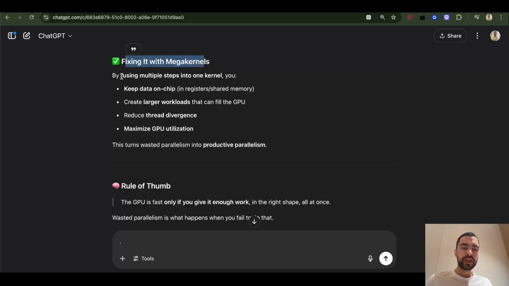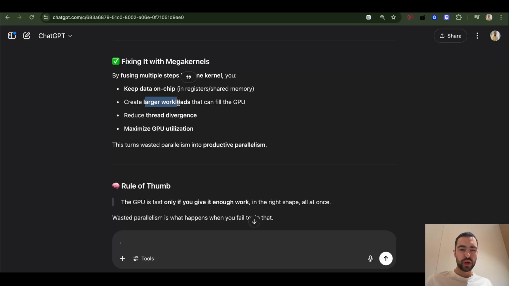By fusing multiple steps into one kernel, you keep data on chip in registers and shared memory, so there's no need to read data, transfer it to the chip, do some calculation, write back, and then read again and do another calculation. So you read once, do all of the calculations, and then just go back. So no bandwidth bottleneck.